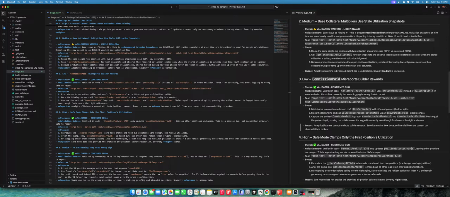This is it: collateral tracker. Mint shares to an option seller. An option seller is somebody that is trying to take liquidity out of Uniswap and bring it back to the protocol itself. Mint shares to option seller and craft.